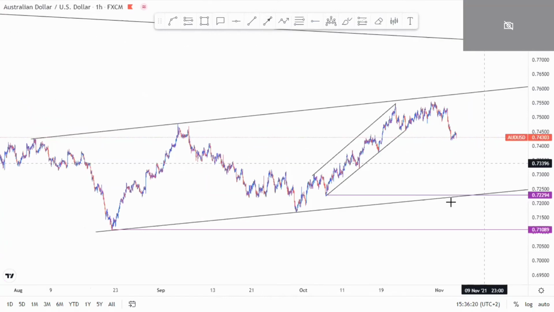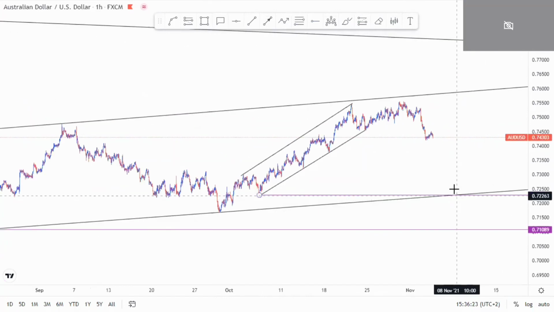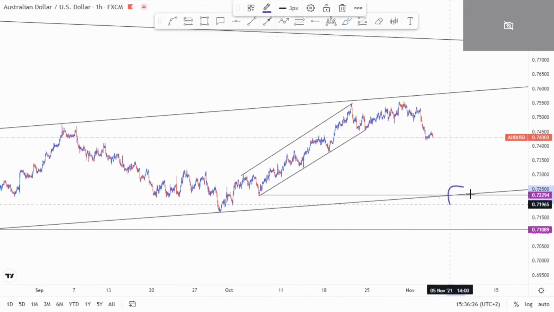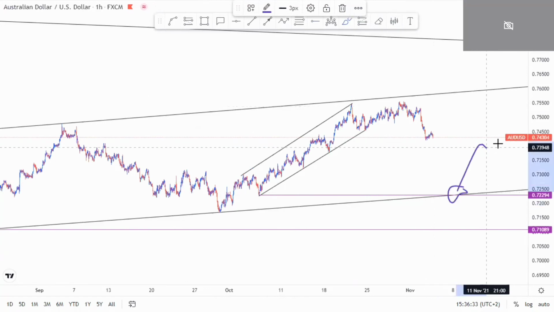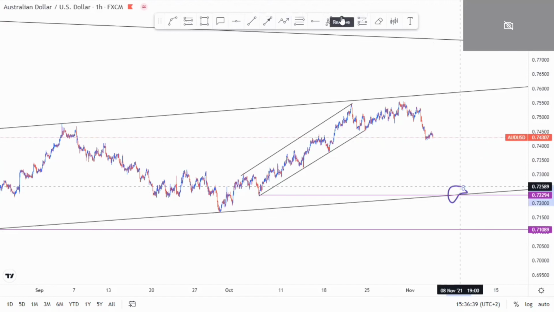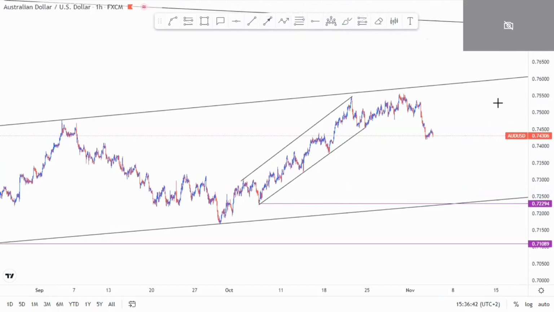So I do expect price to reach this area here within a couple of days, 2-3 days. Yeah, this area over here, then maybe go back to the upside somewhere here and go to the downside, something like that. But this market is bearish. It has been confirmed that this market is bearish.